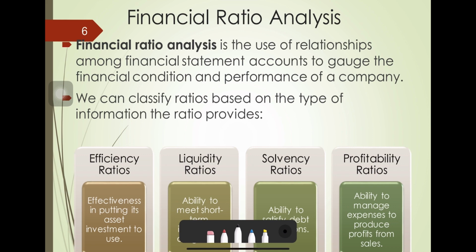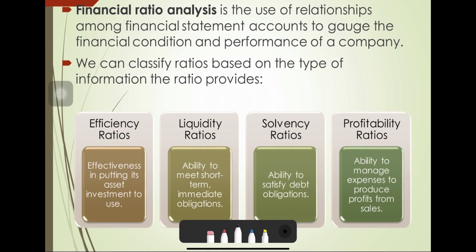So we can classify the ratio based on the type of information the ratio provides. Like what we mentioned earlier, you look at 4 different types of ratio. So number 1, efficiency ratio. Okay, so the efficiency ratio, we are going to look at the effectiveness of the company in putting its asset investment to use, right?